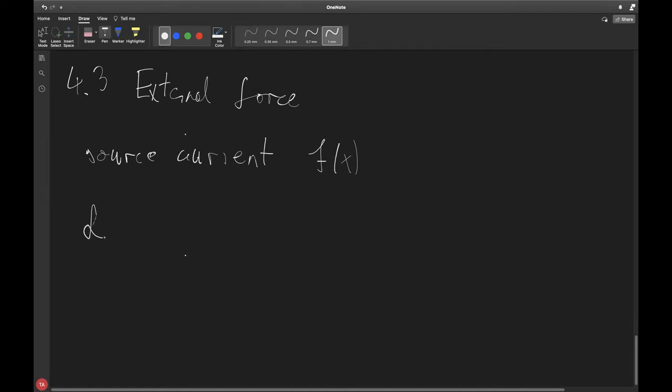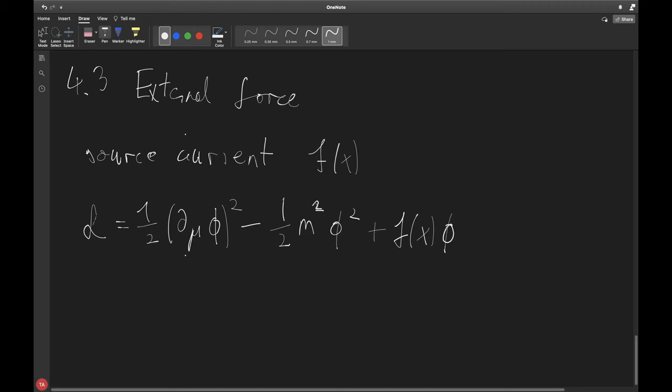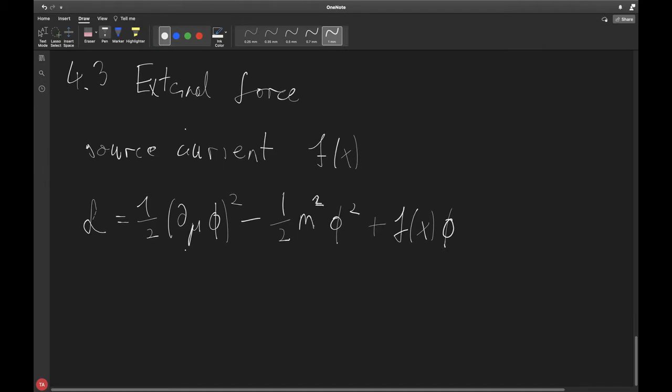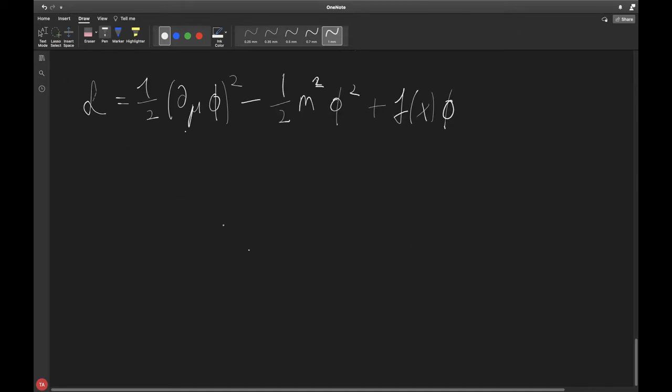So if we include this term in the Lagrangian, we should keep everything that we built up so far. We have the 1/2 times the derivative of the phi squared minus the 1/2 times the m squared phi squared, and we have this J term with the phi on the first power. Again, we don't know what that means. We will show it later what it could be. And so when we go through again the equations of motion, we do the same Euler-Lagrange formula.